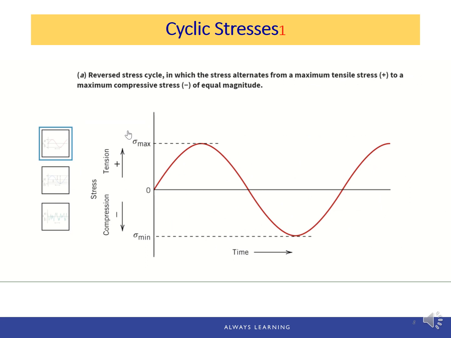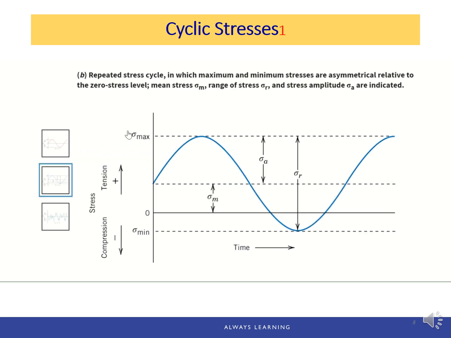For the reversed stress cycle, the stress amplitudes are symmetrical about the zero stress level, which means the maximum stress is a tensile stress and the minimum stress is a compressive stress, and they are of equal magnitude.